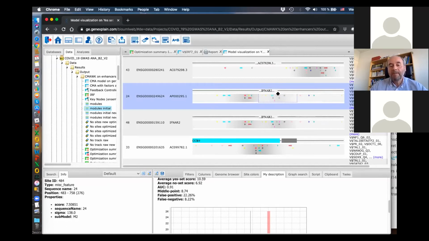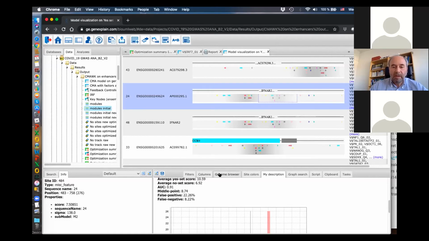So the interferon receptor fires the signaling, which targets the transcription factors binding in the region of that gene, which in turn may influence expression of that gene itself.